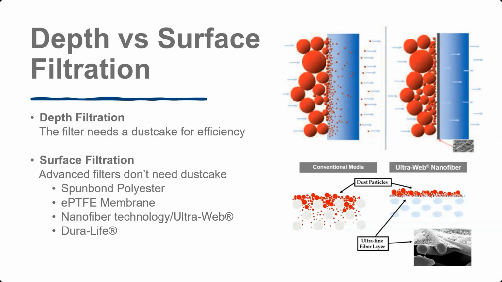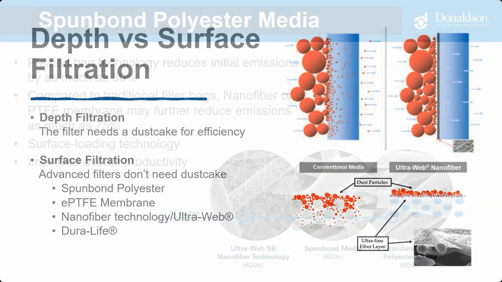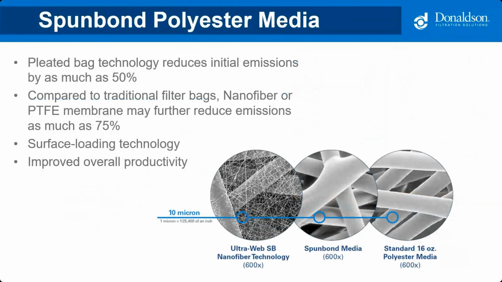So I'm going to jump into each one of those real quickly, just so you can know the differences there. And then I'll talk a little bit more about how to make sure you're cleaning properly if you do have a filter that uses surface filtration. The first one is spun-bond polyester.